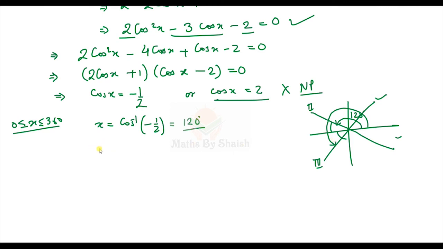We know for the other angles for cos we have x is equal to 360 minus theta, so 360 minus 120, it is 240 degrees. And for the next angle we have to use the periodic property, that is 360 plus the angle, but 360 plus 120 will be more than 360, so we will not take the next angle. So that's why the solution is going to be 120 and 240 degrees. I hope it is clear.